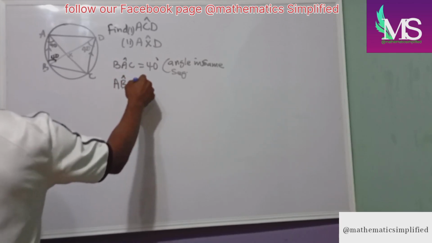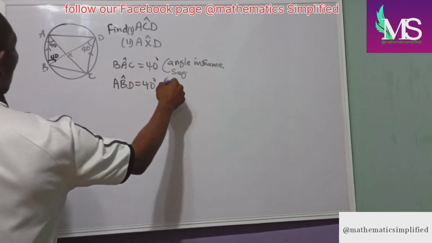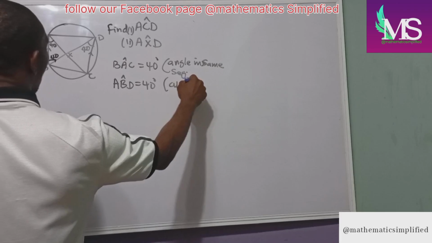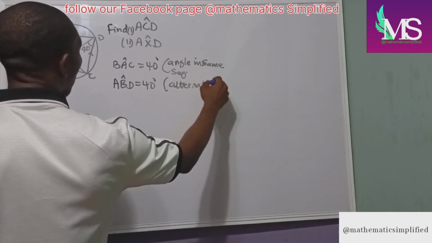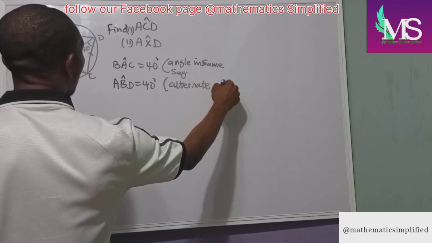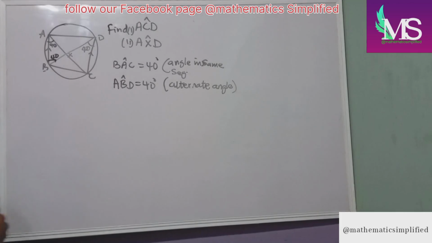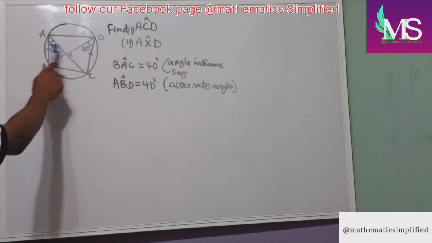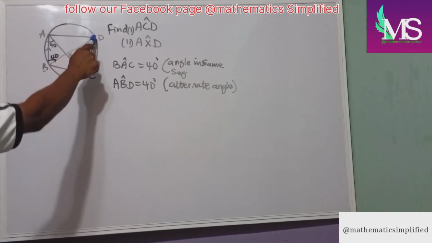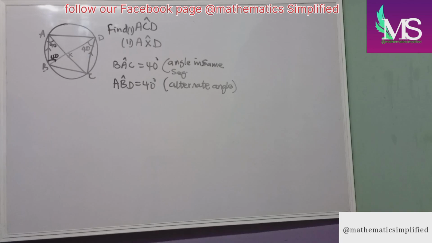Now, having known that, since this is alternate, angle ABD equals 40 degrees, alternate angles. Since we are told that this line and this line are parallel, this will form an alternate angle.